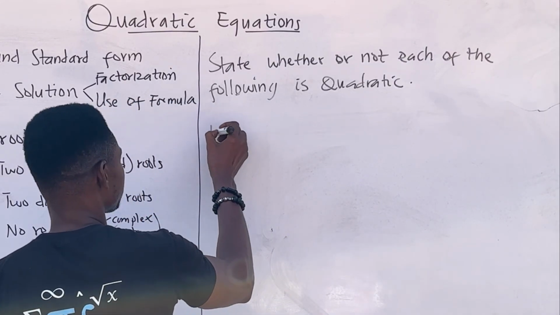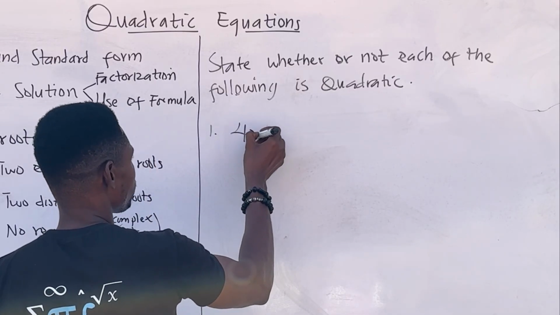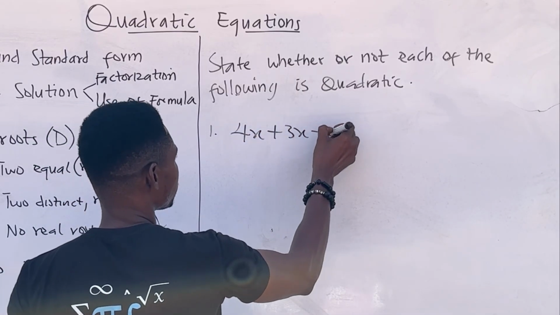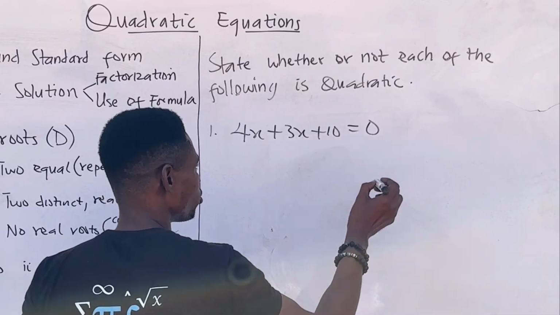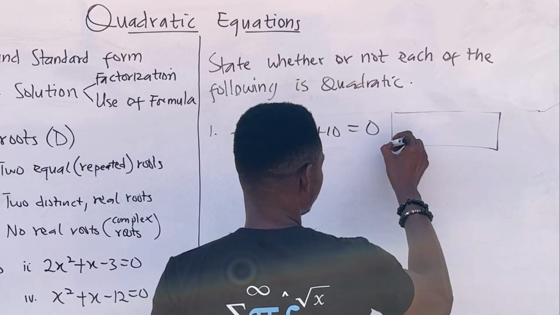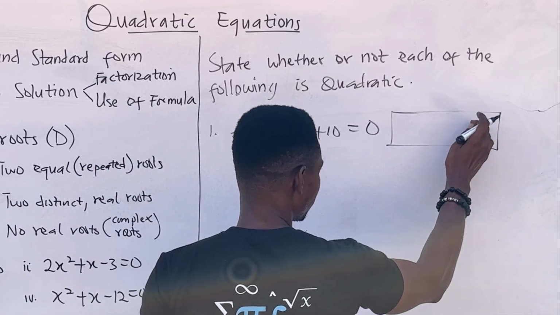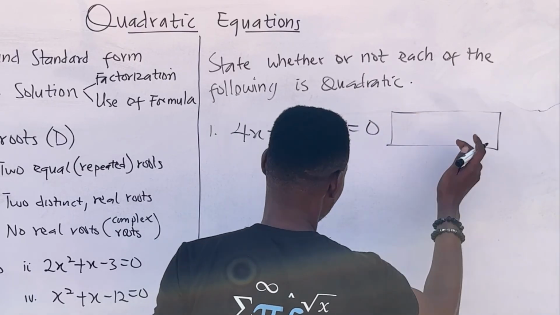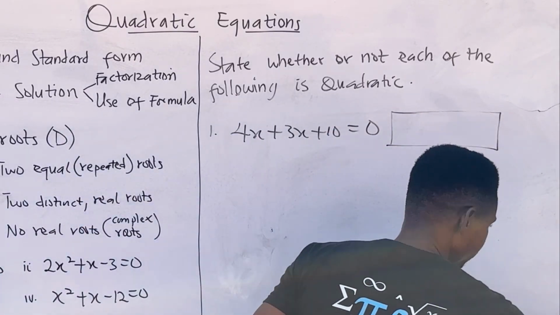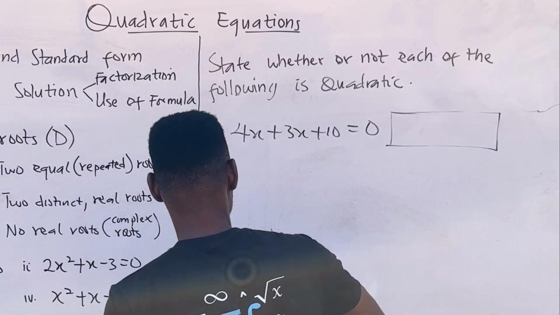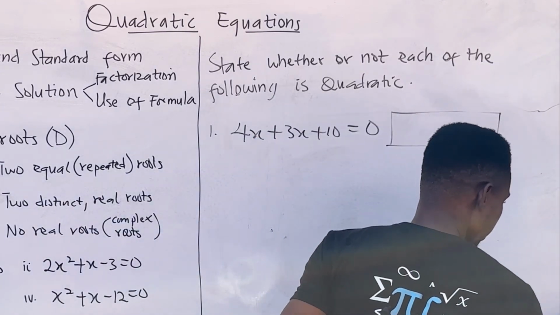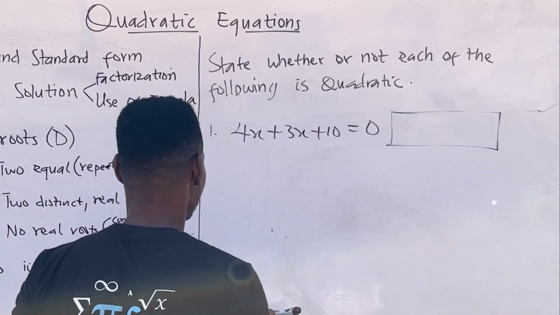So number 1, 4x plus 3x plus 10 equal 0. So tell me, is it quadratic or not quadratic? So just state it in the box provided whether or not it is quadratic.